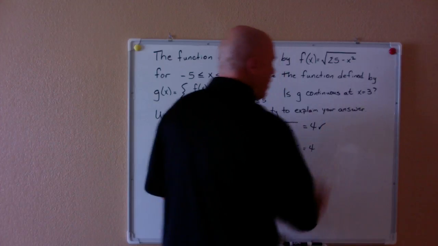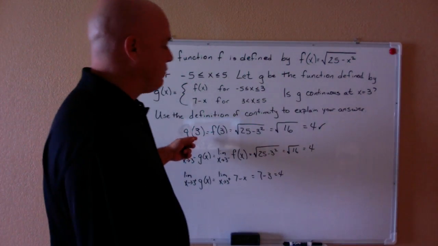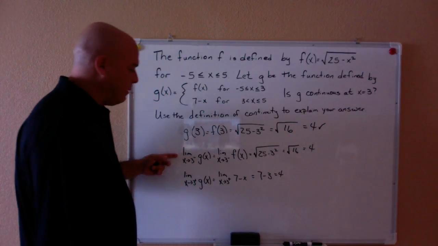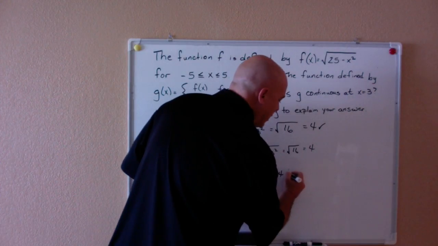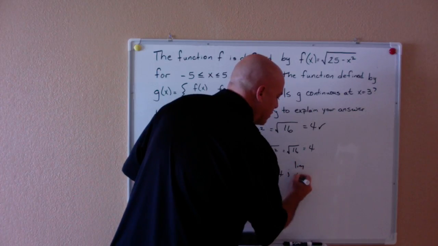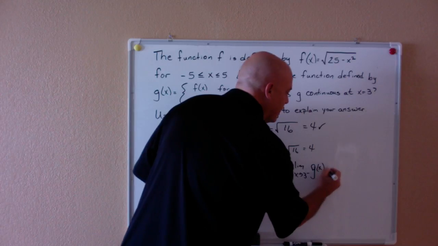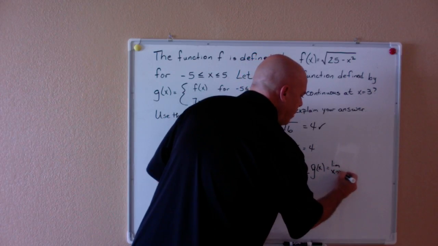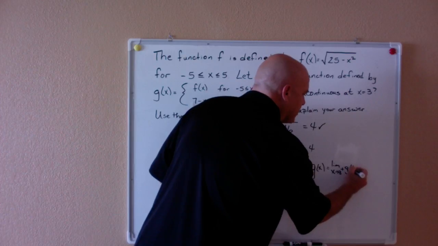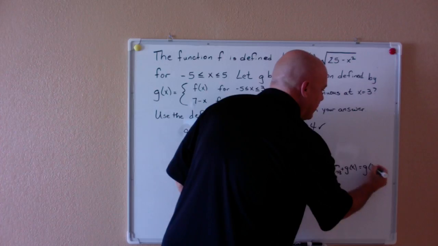So I've got my first requirement here, that g of 3 is defined. I've got that the limit from the left is equal to the limit from the right, so I can conclude here that the limit as x approaches 3 from the left of g of x is equal to the limit as x approaches 3 from the right of g of x, and that's also equal to g of 3.